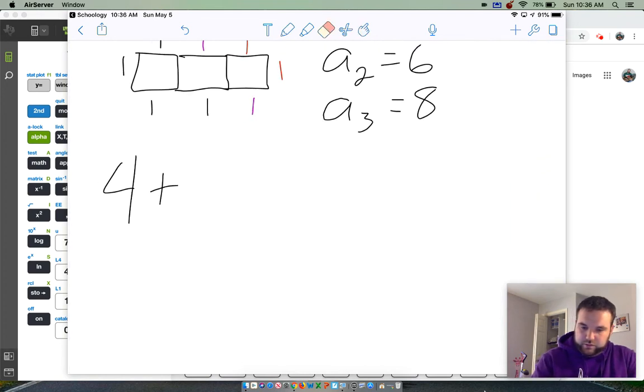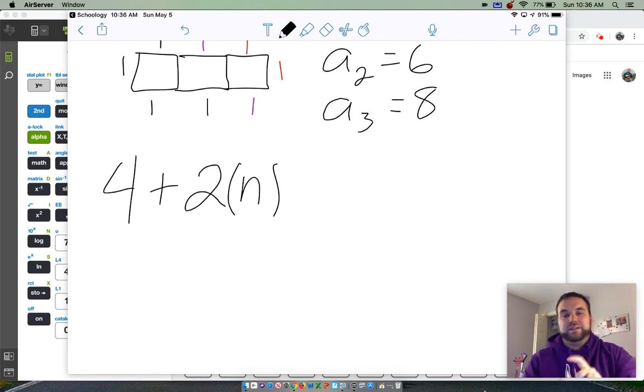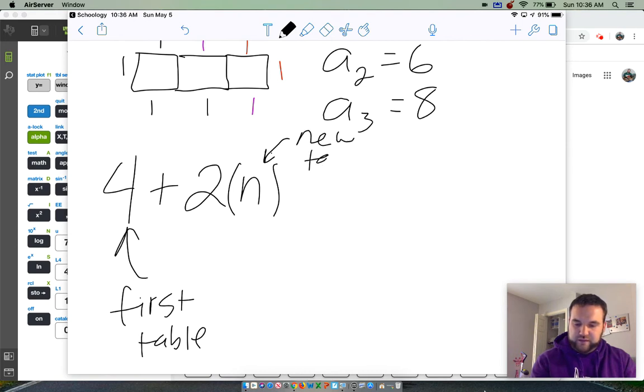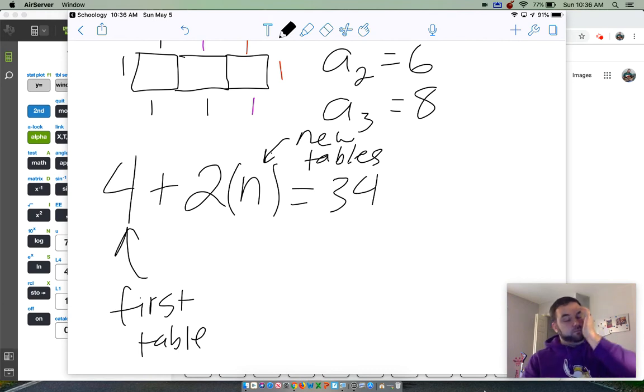Now, if I do 2 times n, n would tell me how many tables I have to add on, because these 4 people were already sitting at the first table. So n is going to tell me the number of new tables that I have to add. And I want to end up with 34 people sitting there.